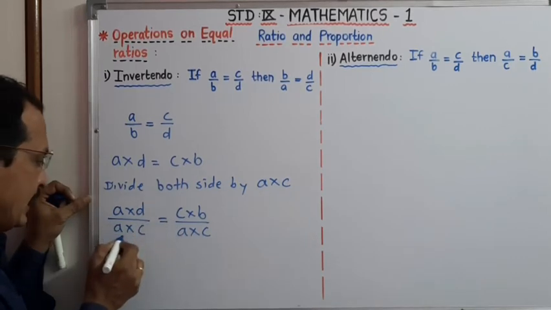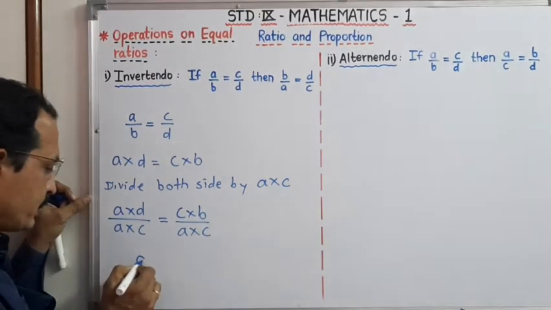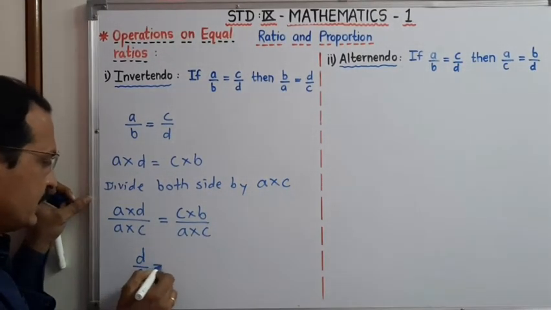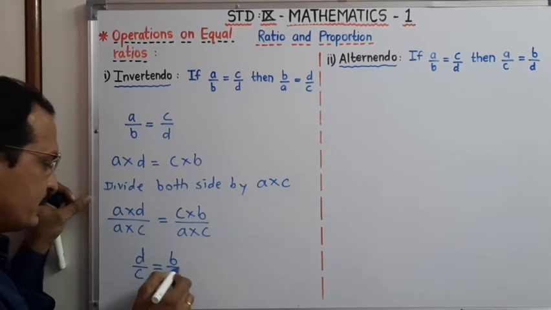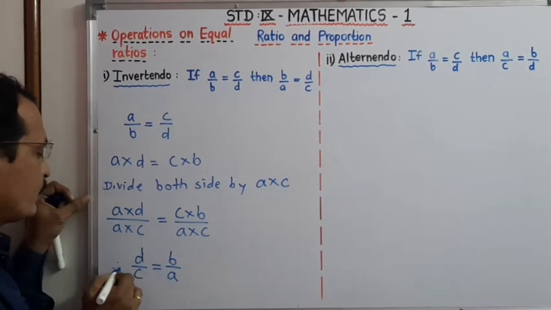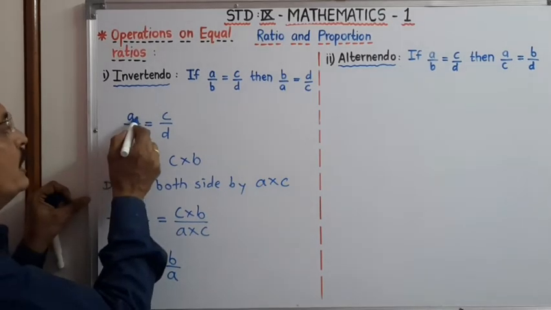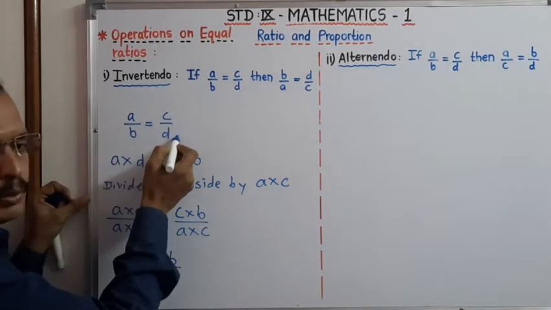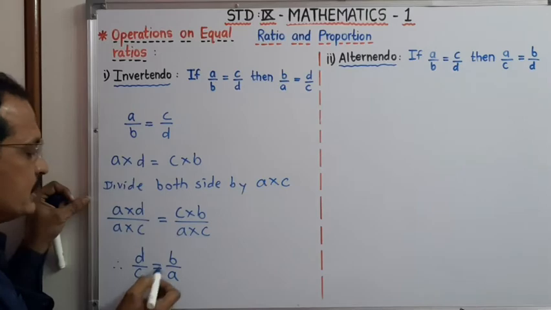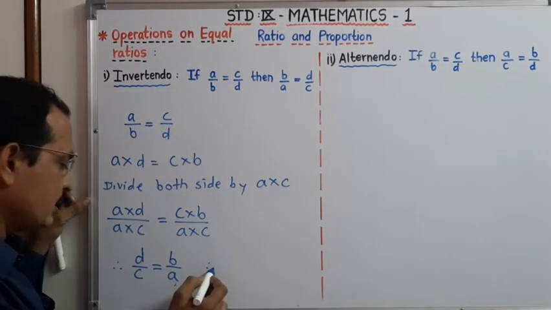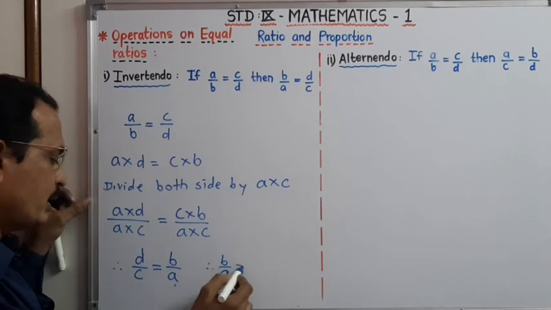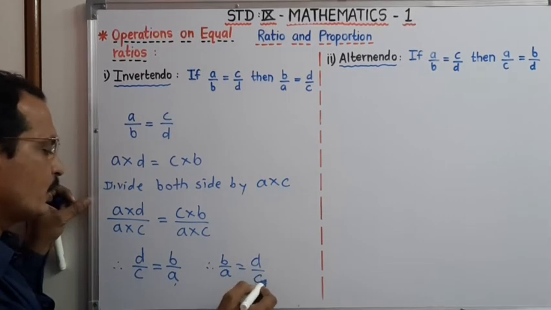This A and A get cancelled. Therefore, it is D upon C is equal to, this C and C get cancelled, B upon A. Therefore, when A upon B is equal to C upon D, then D upon C is equal to B upon A. Or we can write it another way, B upon A is equal to D upon C.